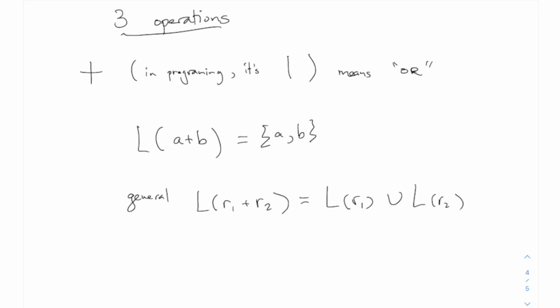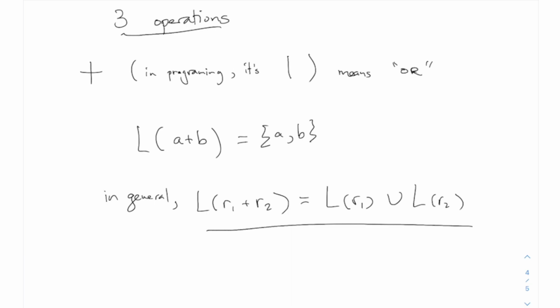This actually is the official definition of what the plus means. Whenever you see the plus, it makes the union of those two regular expressions. That's the definition of the plus as an operation. I said general, I meant to write in general, comma. All right? That's what the plus means. It means the union. Okay?